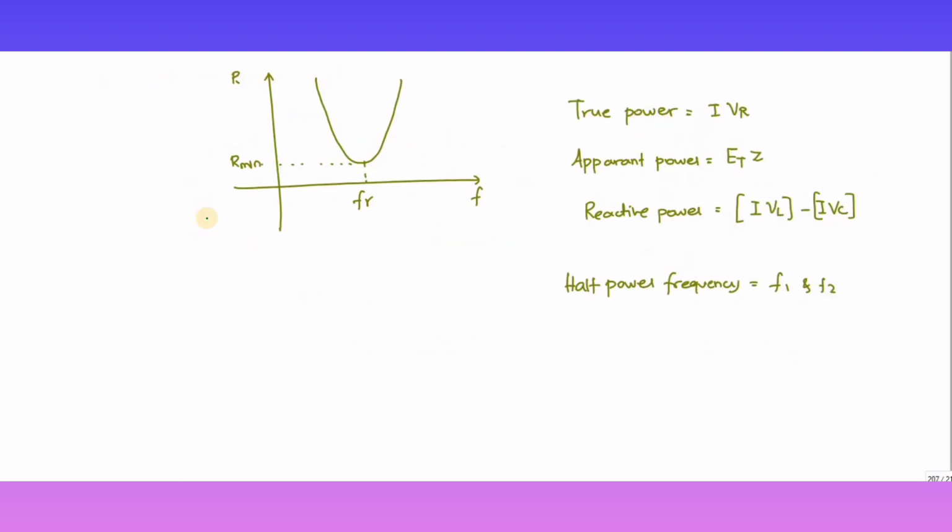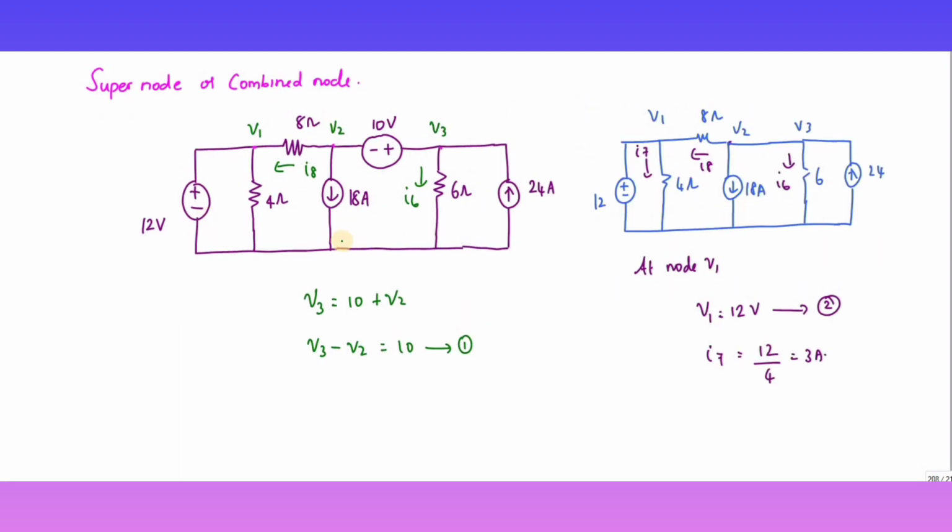Next, if I draw the current flowing like this, because it is plus and minus, the current is flowing like this.